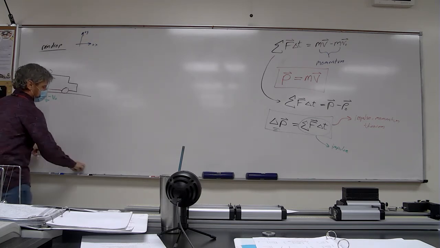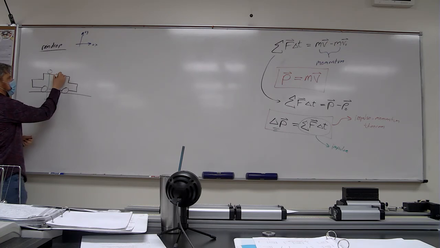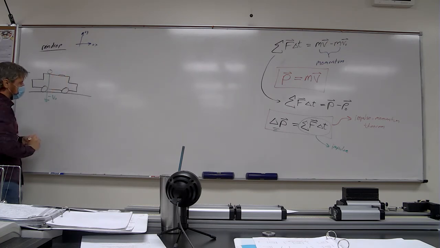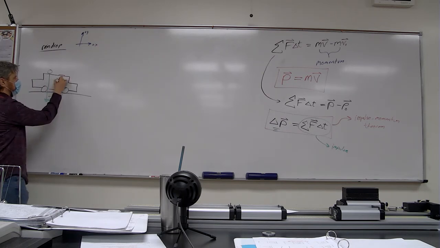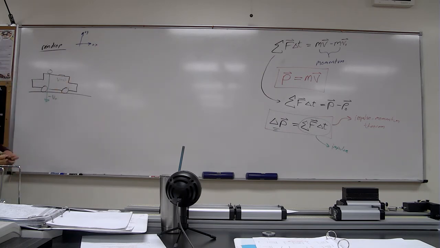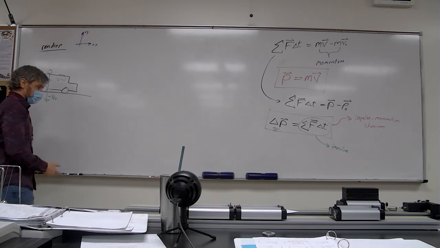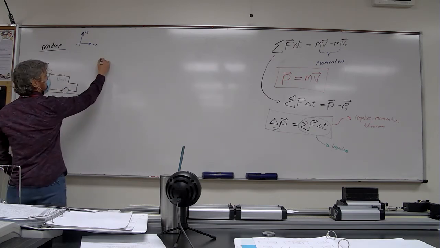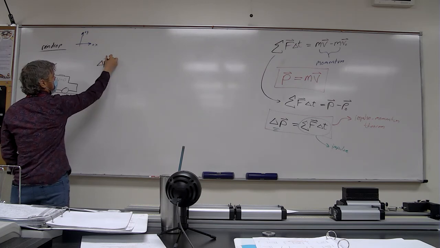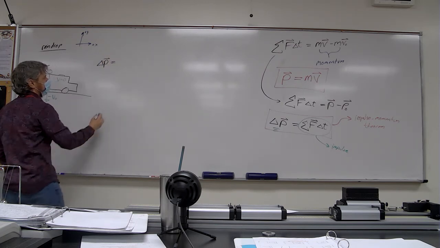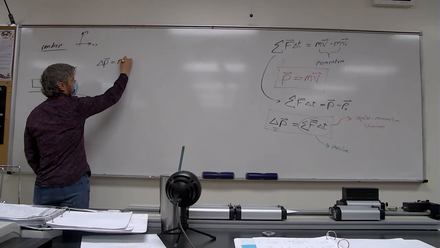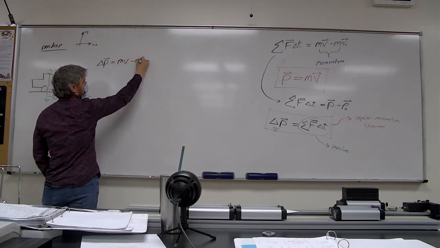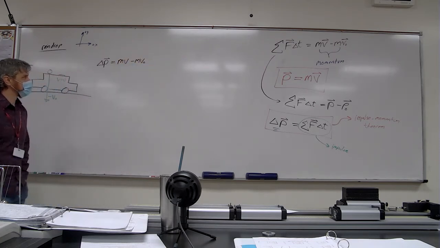And then the raindrop splats and stays. So what's its velocity afterwards? 0. So the final velocity of the raindrop is 0. Let's calculate the change in momentum for that raindrop, delta P. Delta P is going to be mass times final velocity minus mass times initial velocity.